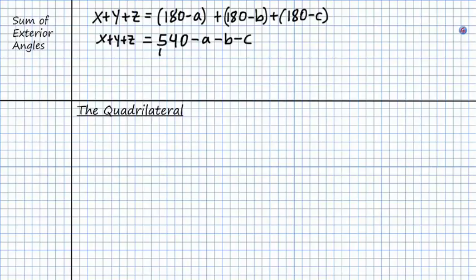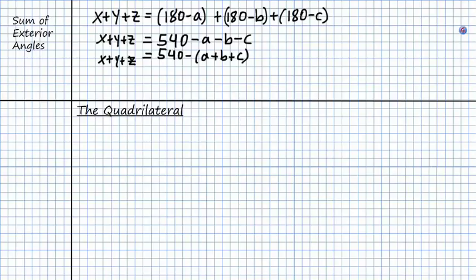So we can actually use our distributive property and take out that negative there. So x plus y plus z is equal to 540 minus (a plus b plus c).